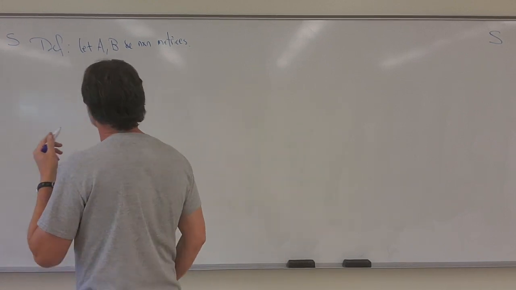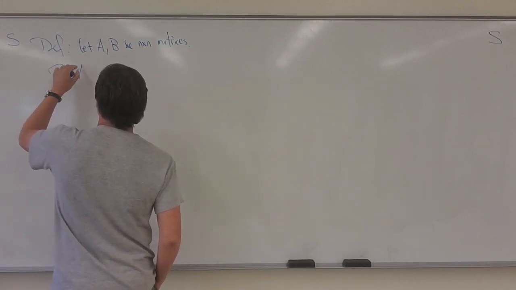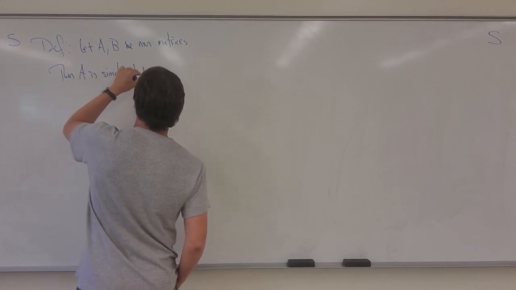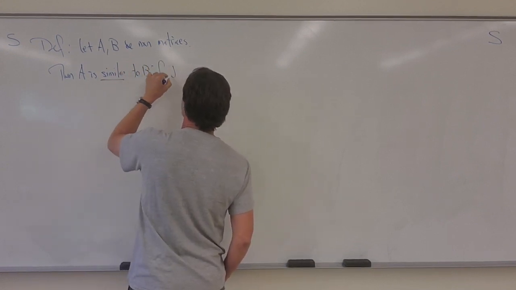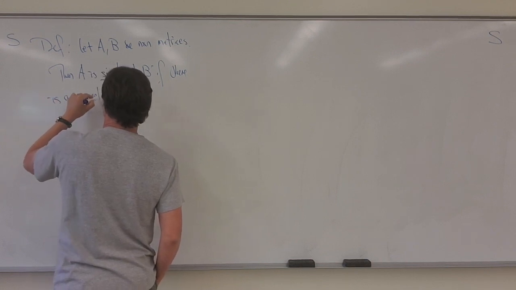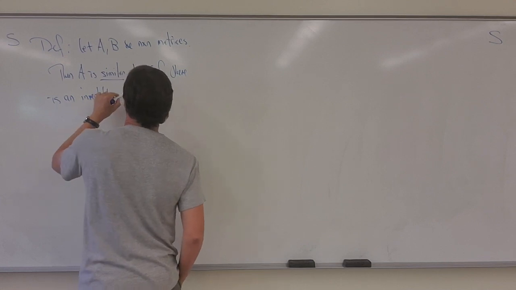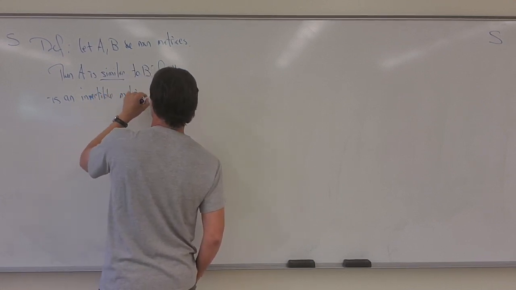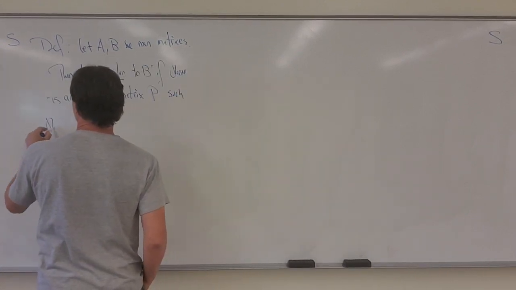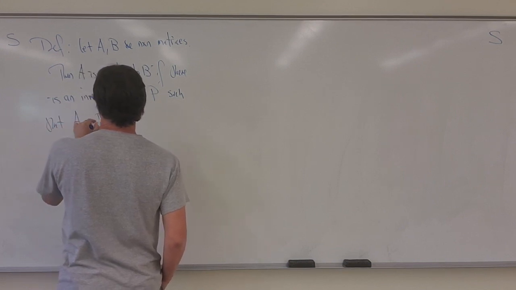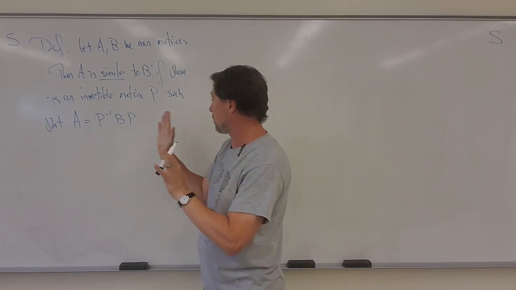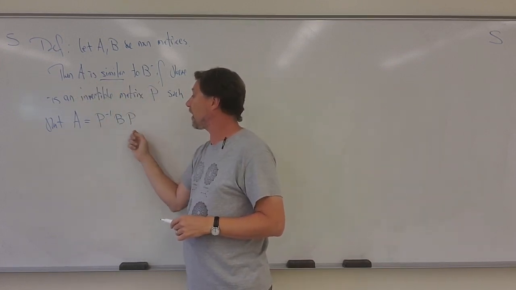We'll say that A is similar to B if there is an invertible matrix, say capital P, such that A is equal to P inverse B times P. It's kind of a strange definition, but this is our definition. So we'll say that A is similar to B if A can be written in this form.